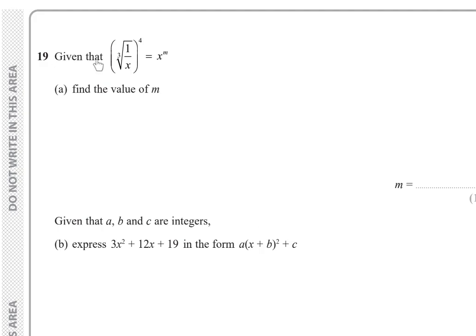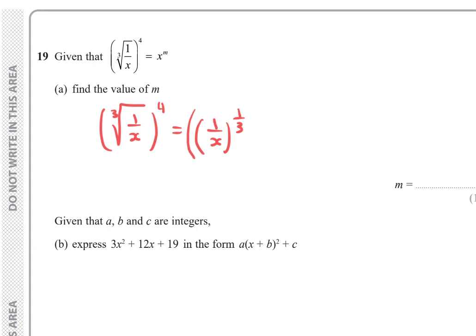19. Given that cubic root of 1 over x, all power 4, equals x power m, find the value of m. We can simplify the left hand side. Cubic root of 1 over x, all power 4, can be written as 1 over x power 1 over 3, all power 4.